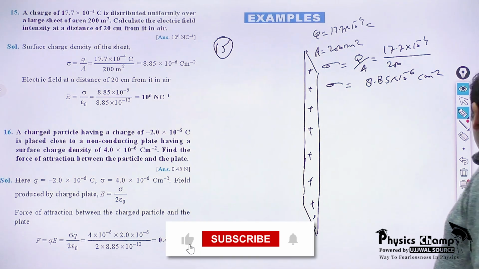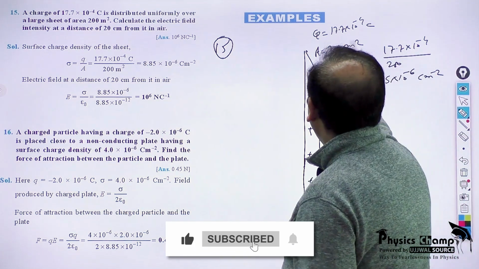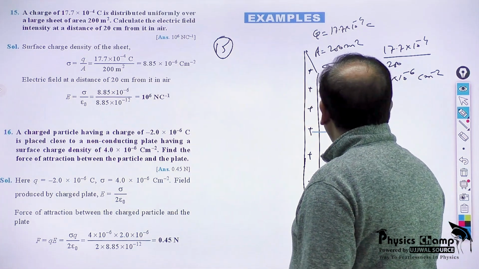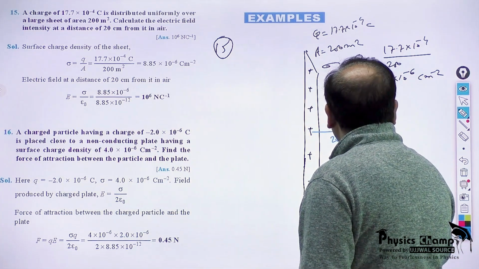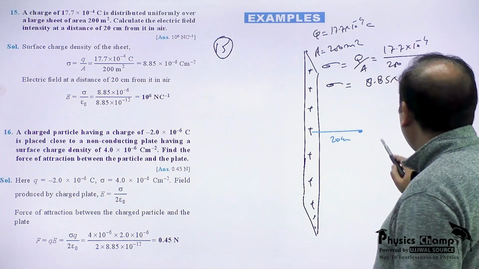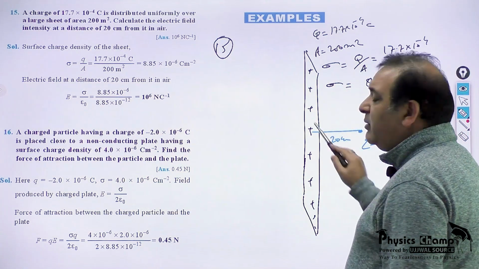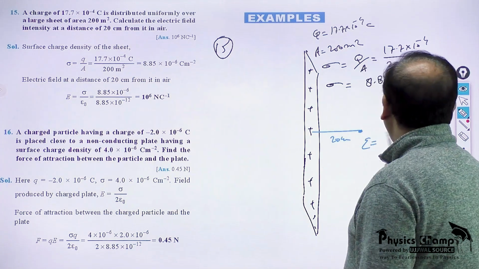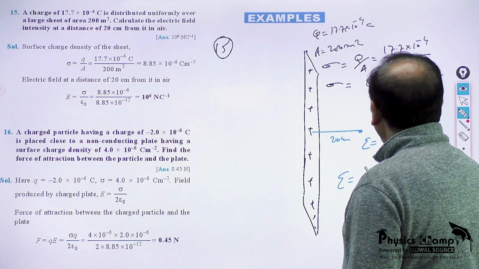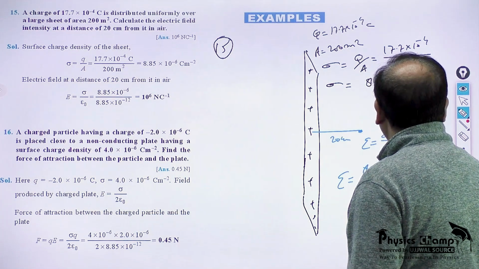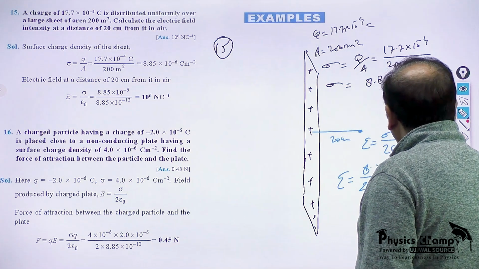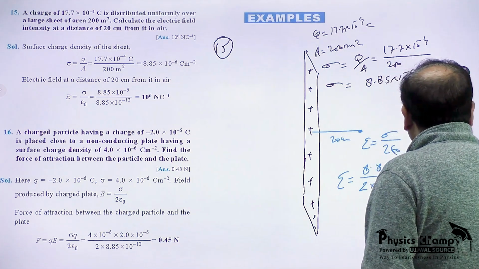Now the area is so high, 200 meters square, and at a distance 20 centimeter from it, we want electric field. Now electric field should be, if it is a thin sheet, then it should be sigma by 2 epsilon naught. So electric field should have value 8.85 into 10 to the power minus 6 divided by 2, and epsilon naught is 8.85 into 10 to the power minus 12.